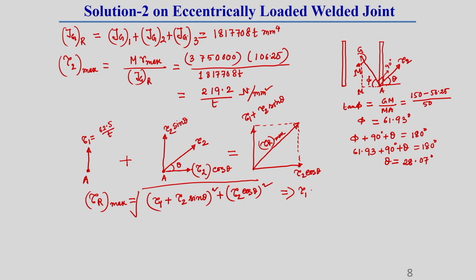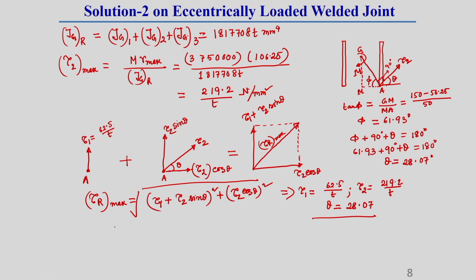Tau 1 is known to us, 62.5 divided by t. Tau 2 max is also known to us, 219.2 divided by t, and theta is also known, 28.07.